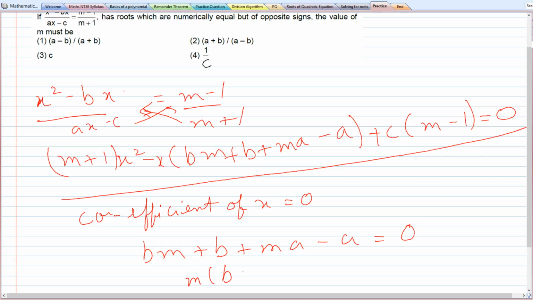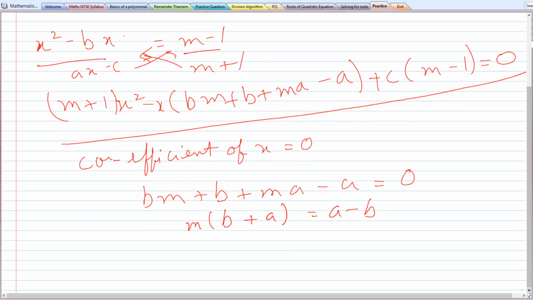We can now solve it pretty easily, I guess. That is option number 1. Is this clear?